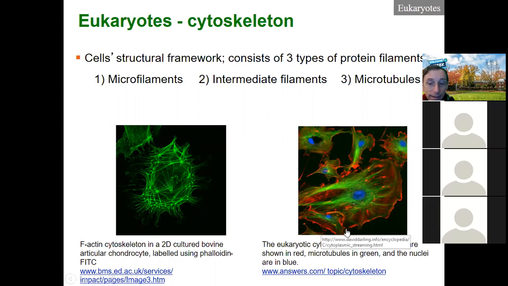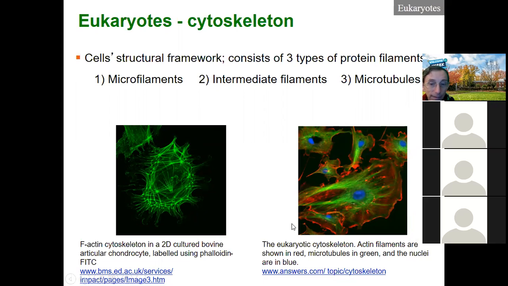All right, here we can see this cell here. This is not showing you the cell, but we can see where the cell is because of the microtubules in green and the actin filaments in red. And then this is the nucleus. So wherever there's a blue, there's a nucleus.